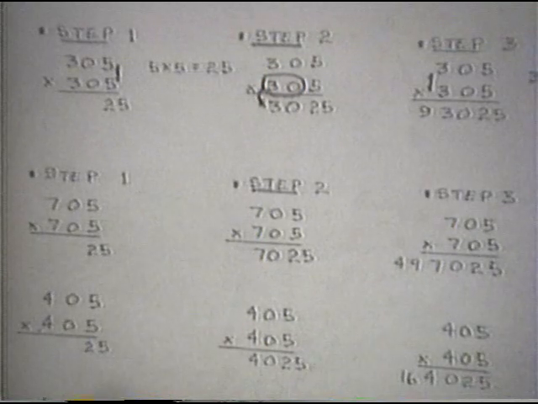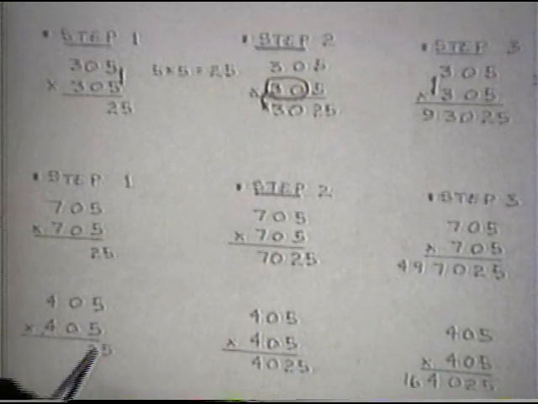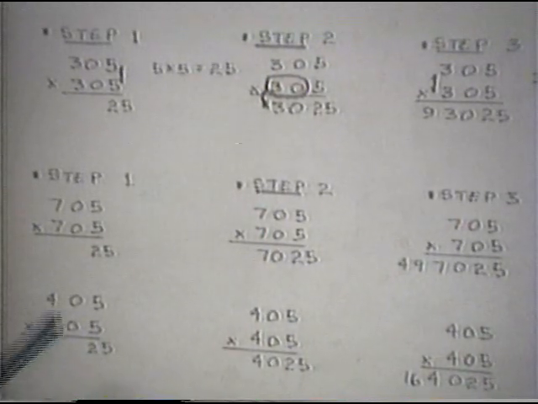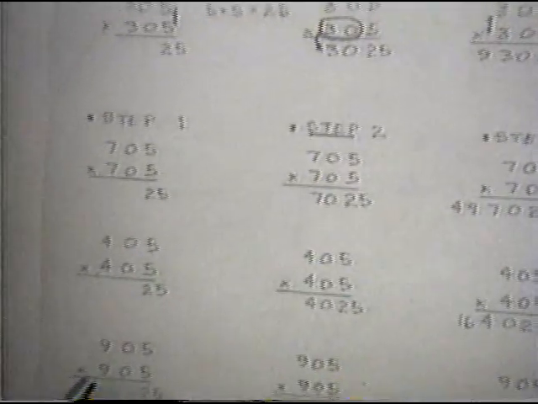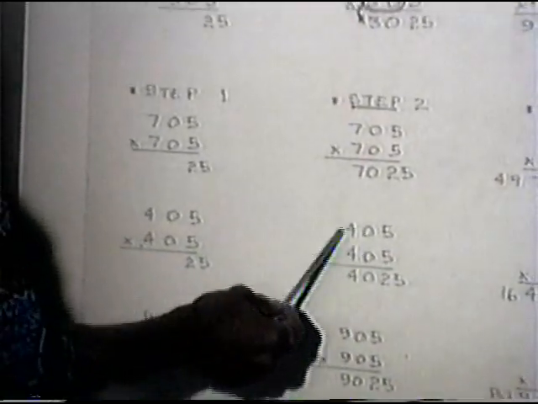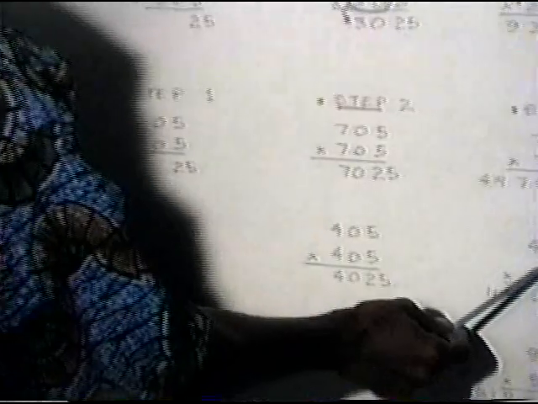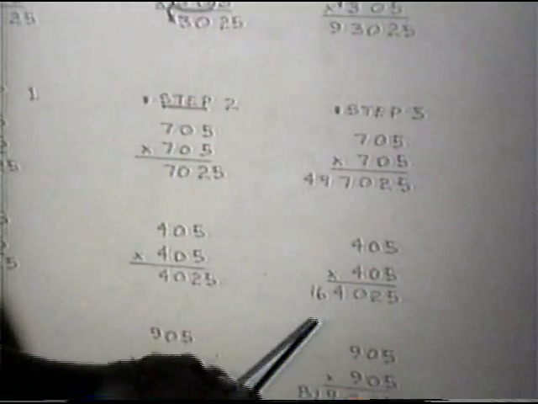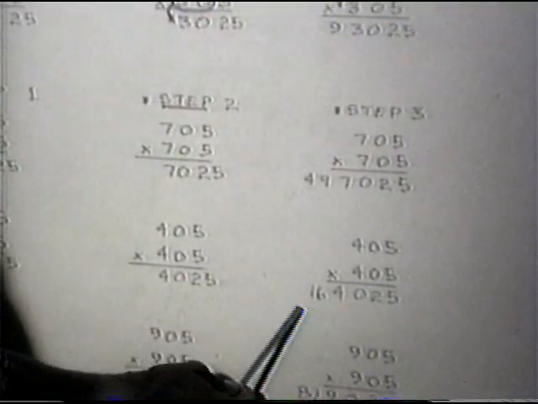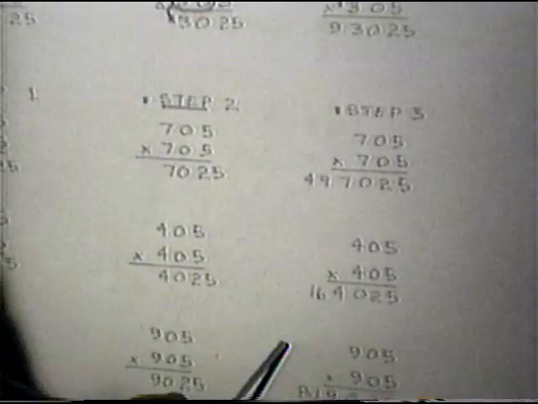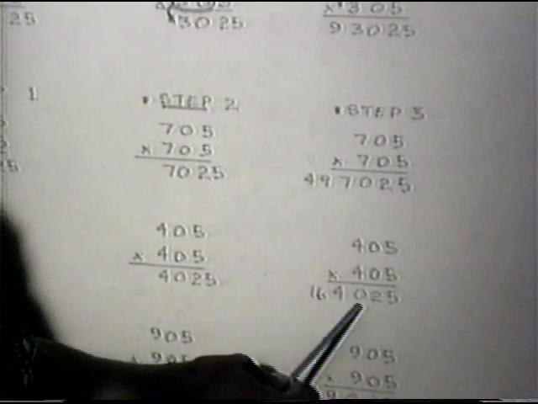Let's do one more. 405 times 405. Vertical. 5 times 5 is 25. Second step, bring down these two digits, 40. Third step, vertical. 4 times 4 is 16. We bring down the 16. The answer to 405 times 405 is 164,025.